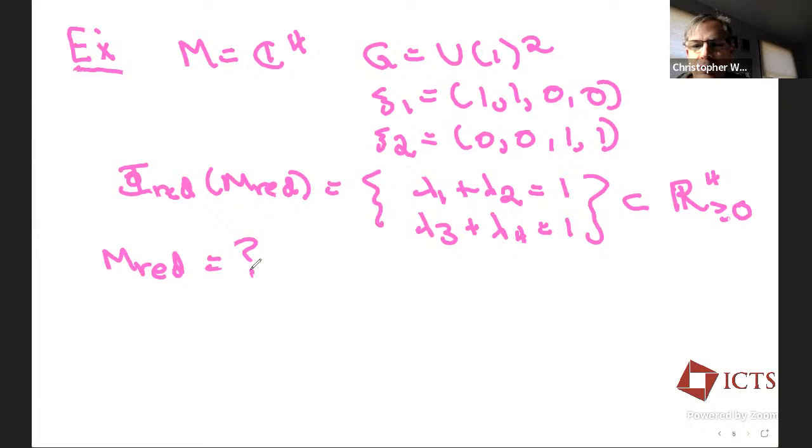And then once I know that, I know what lambda 2 and lambda 4 are. So this thing here is a square. So I want to know what the polytope for a square is.